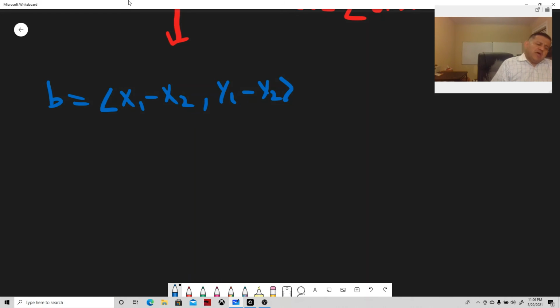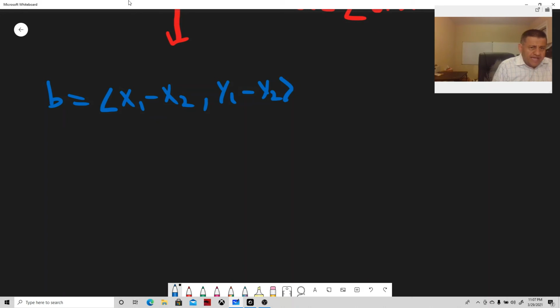Okay, so now we're basically doing the same thing, it's just the reverse, right? Usually we do x2 minus x1, and y2 minus y1. But in this case, they want us to do it this way. Okay, so let's do it.